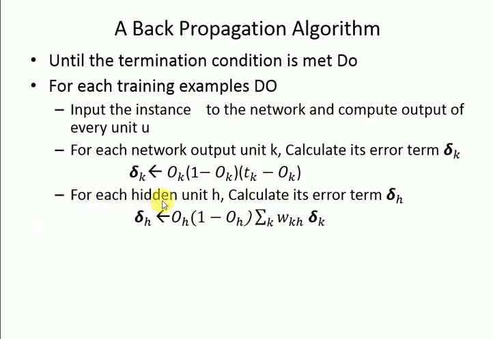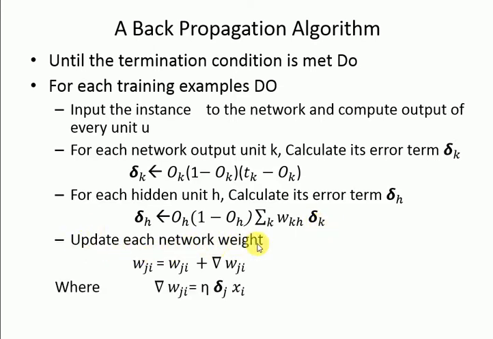Now for each hidden unit h, calculate its error term delta h. So delta h equals Oh into 1 minus Oh, sigma k of Wkh into delta k.